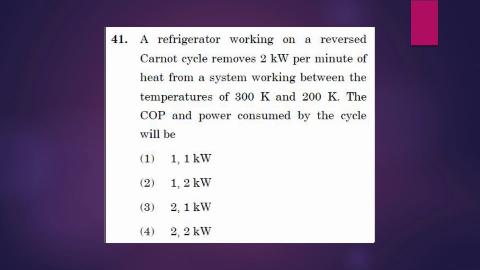Question is, a refrigerator working on a reverse Carnot cycle removes 2 kW per minute of heat from a system working between temperatures 300 Kelvin and 200 Kelvin. The COP and power consumed by the cycle will be how much? So Carnot cycle removes 2 kilowatt per minute.